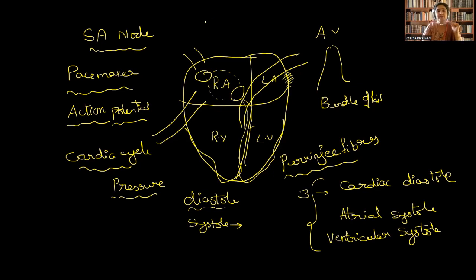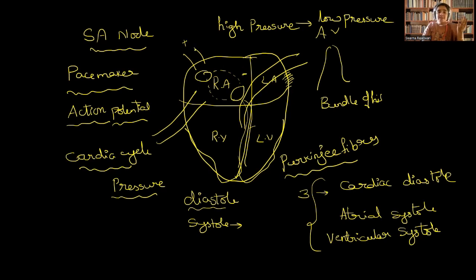And you also have to remember, the blood always flows from the high pressure area to the low pressure area, or from the high potential to the low potential. So we can even say the pressure outside is more, which we represent as positive, and the pressure in our auricles is less, which we represent as minus.